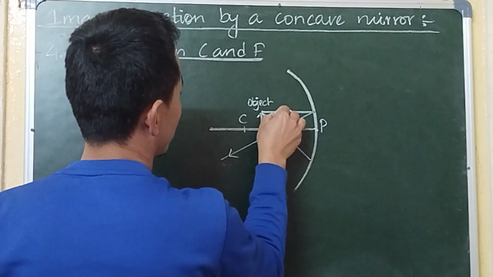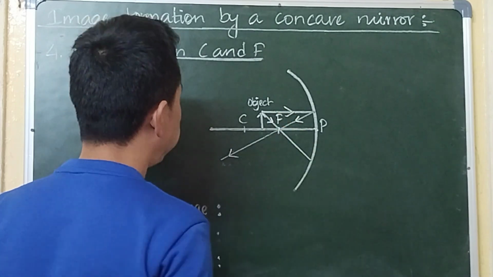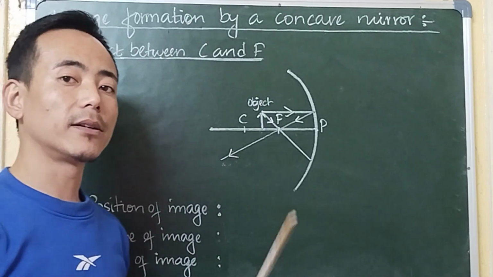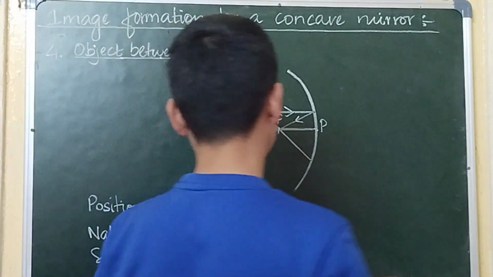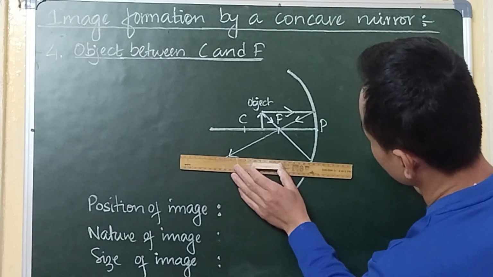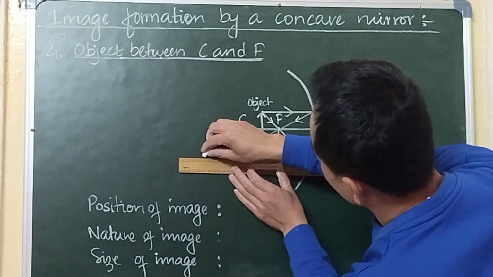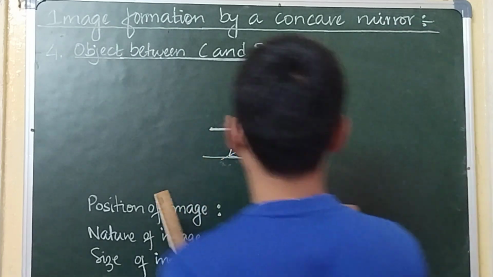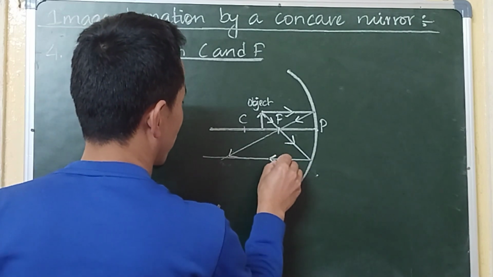Now the rule says, if the incident ray passes through the focus, then the reflected ray becomes parallel with the principal axis. So let's draw the reflected ray here. This reflected ray will become parallel with the principal axis. So this is the incident ray and this is the reflected ray.